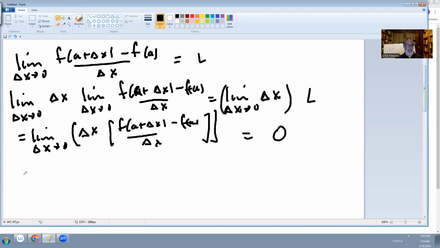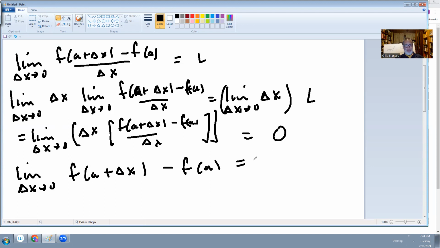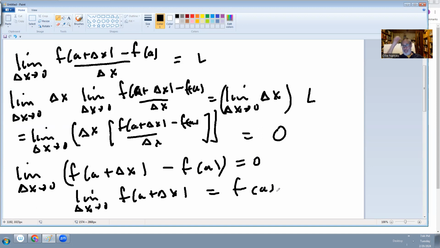And so we see that the limit as delta x goes to 0 of f of a plus delta x minus f of a is 0. And then doing a little bit of limit calculation, we see that the limit as delta x goes to 0 of f of a plus delta x must equal f of a, which means that f is continuous at a.